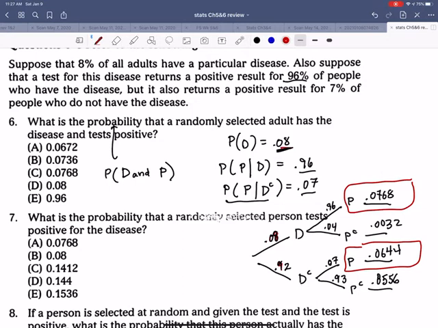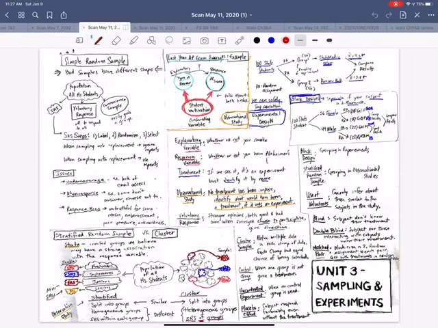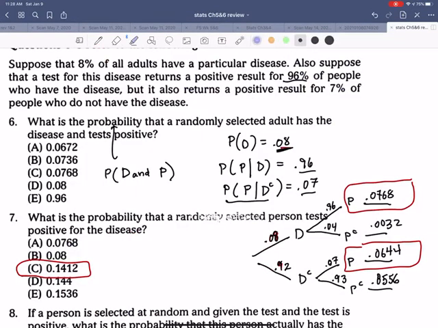So what number looks like the sum of that? And that would be this number, right? Because that would be 0.0768 plus 0.0644. Nice.